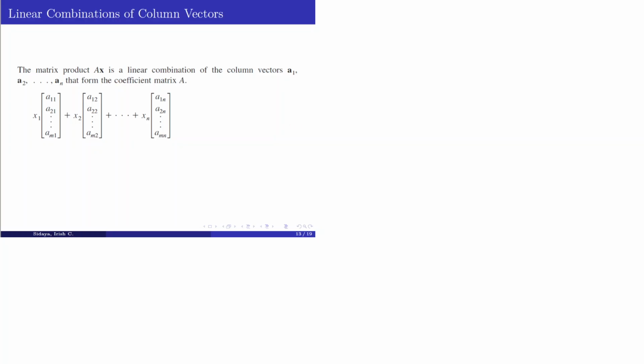The matrix product AX is a linear combination of the column vectors a sub 1, a sub 2, to a sub n that form the coefficient matrix A. So these things here.